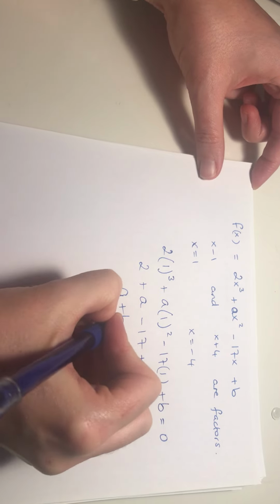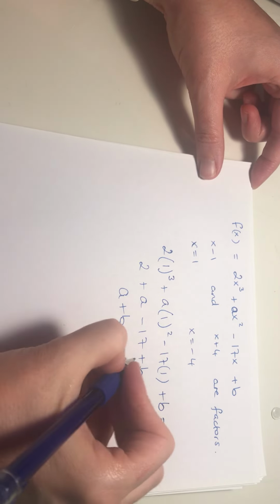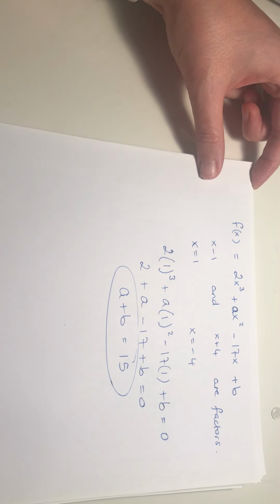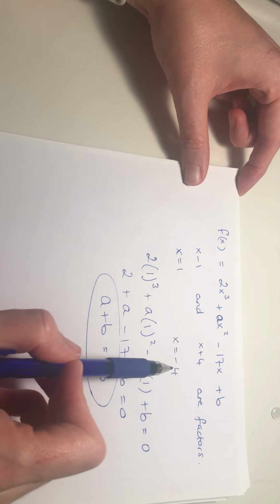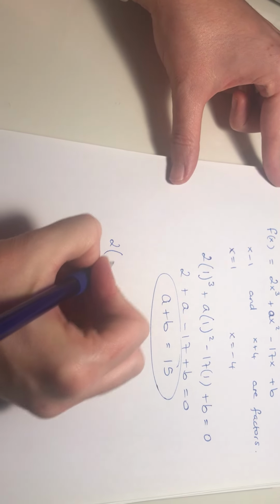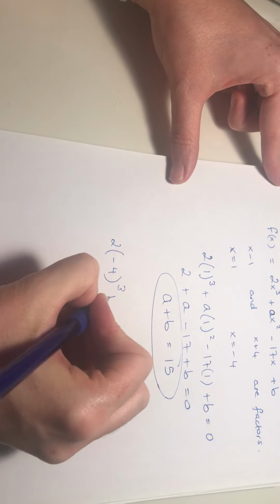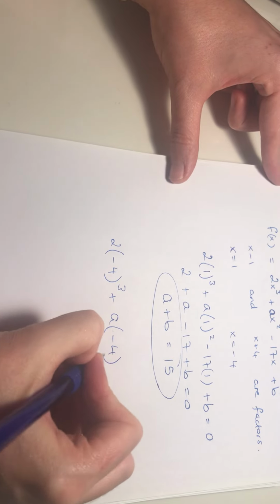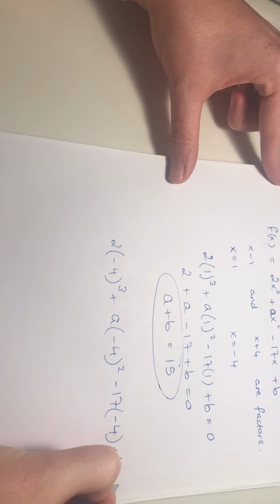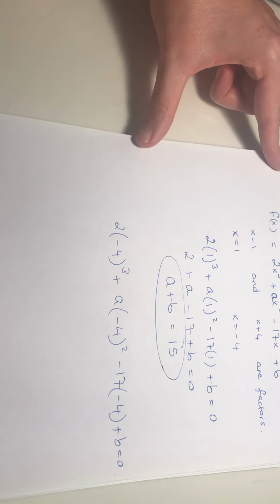So that's a plus b is equal to 15. Looks like I'm going to end up with a simultaneous equation here. I'm going to throw in the minus 4 now. So we have 2 times minus 4 cubed plus a times minus 4 squared minus 17 times minus 4 plus b, and again it's equal to 0.